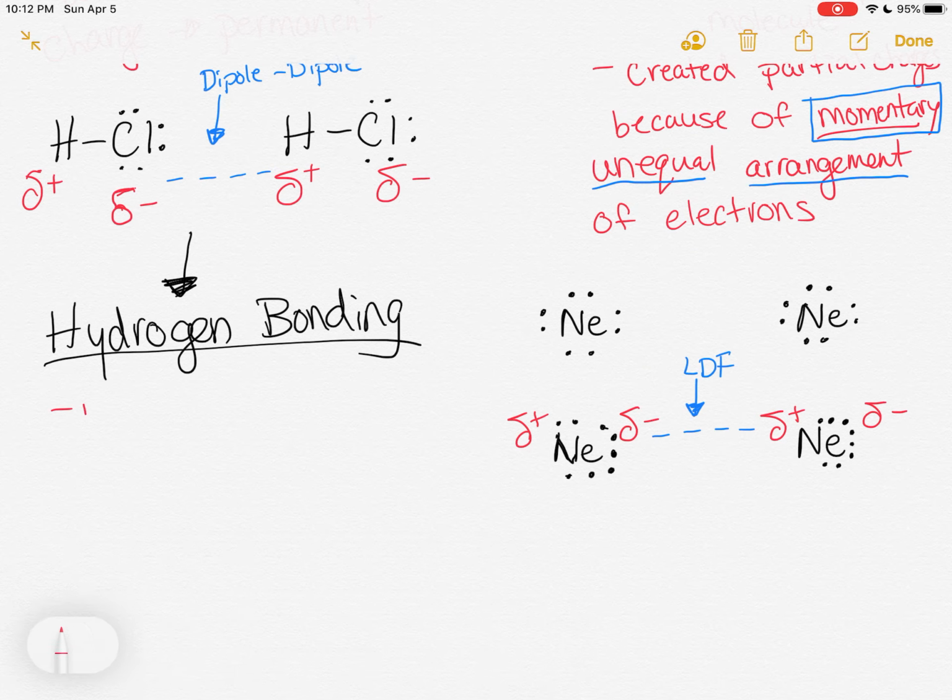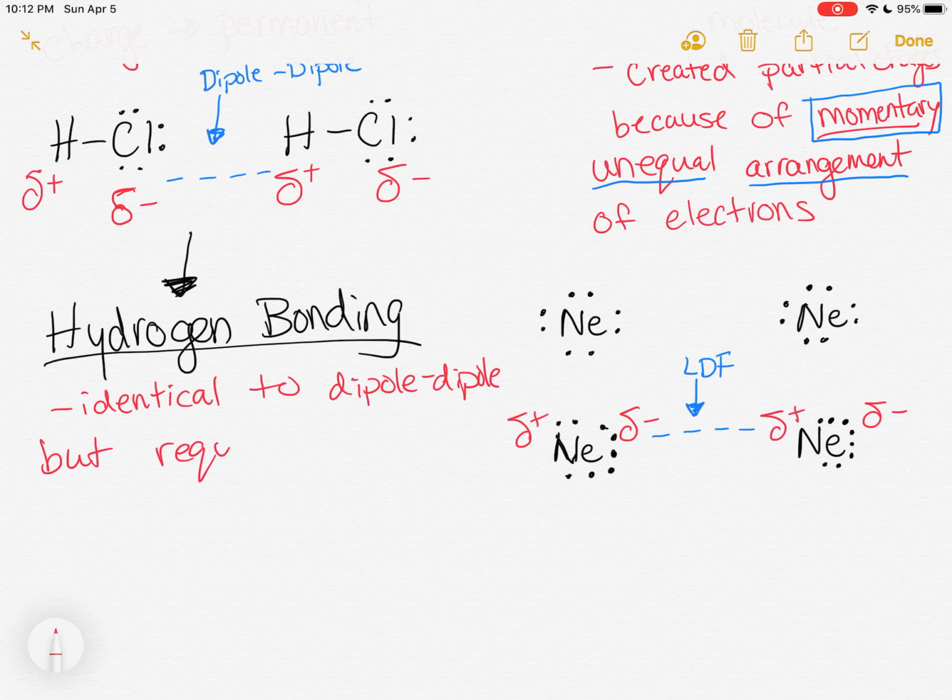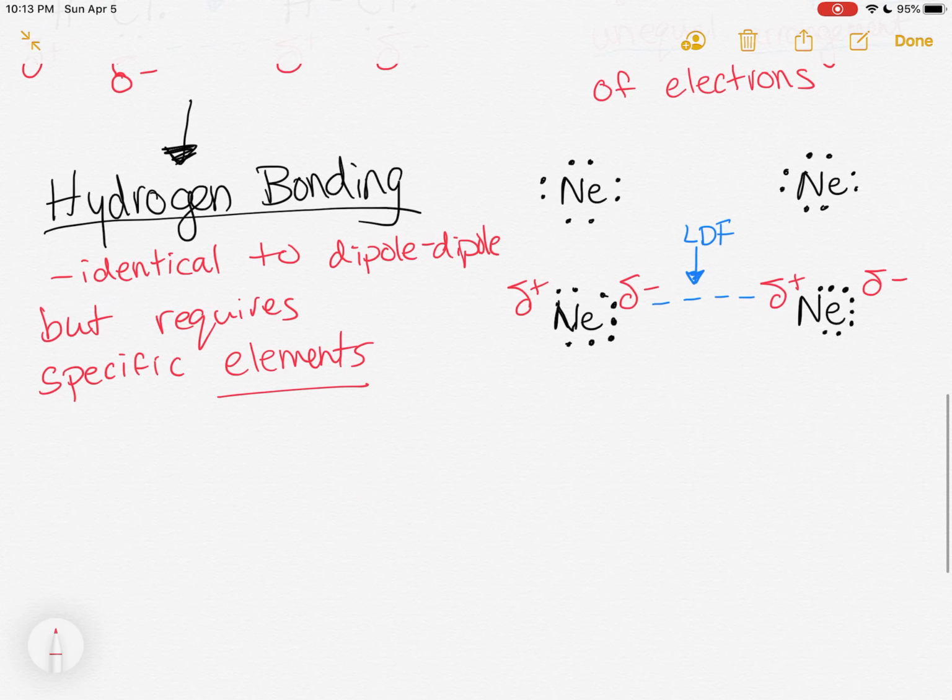So it is identical to dipole-dipole, but it requires specific elements. So it only happens with a few small specific elements. So there are 2 requirements in order to have this hydrogen bonding.